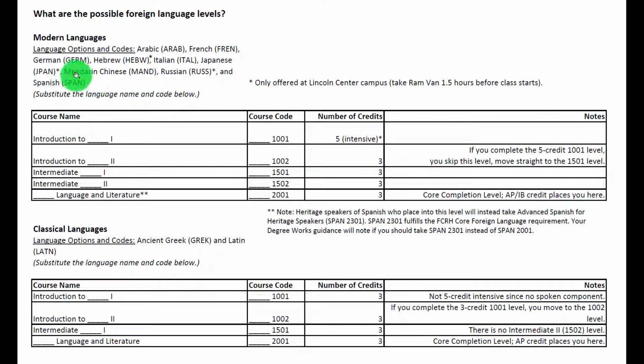The first are the rules that apply to modern languages, and those include Arabic, French, German, Hebrew, Italian, Japanese, Mandarin, Russian, and Spanish. And we can see here the various department codes for each of these languages. In the classical languages, we have Ancient Greek and Latin.